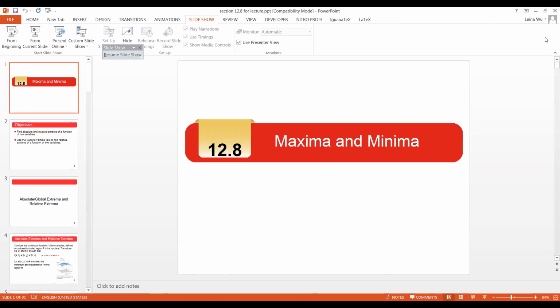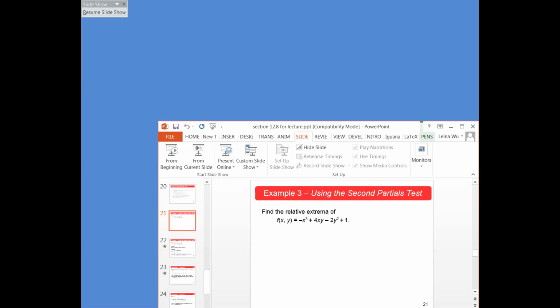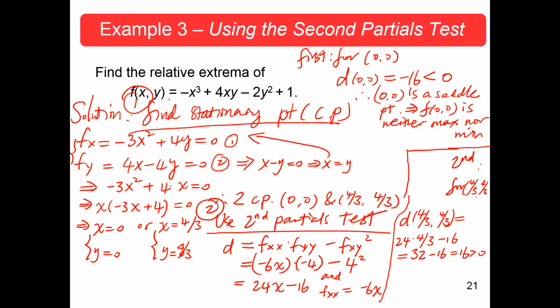Do you see my screen now? Yes, it just shows maximum and minimum, the first page of the PowerPoint. Oh, really? Let me share the screen here. Resume share. New share, and share the screen. Is that back to where we left?